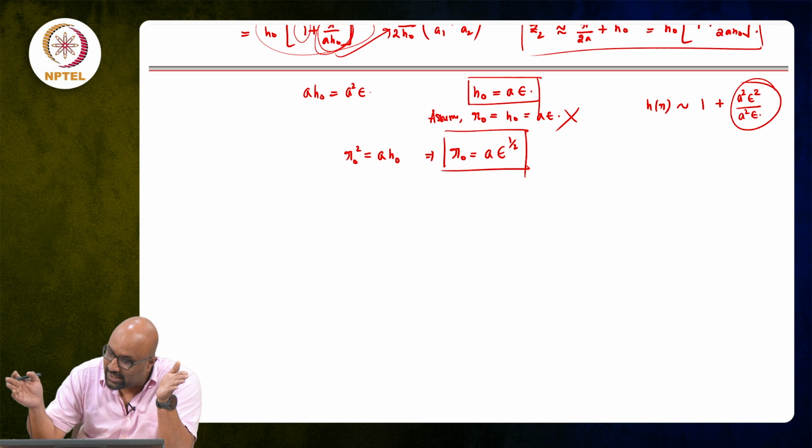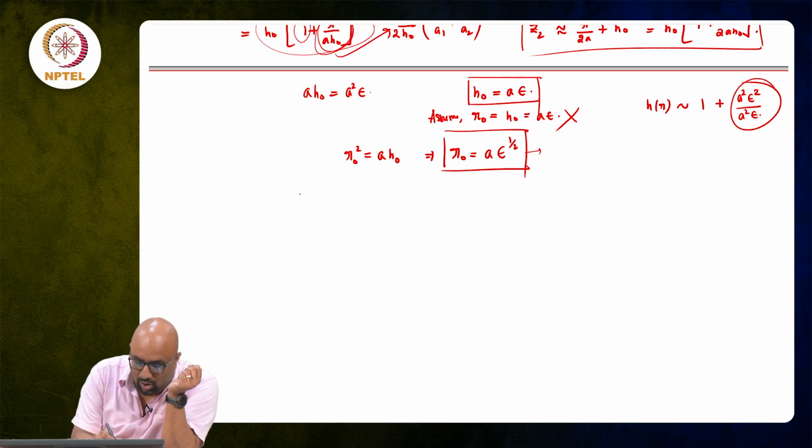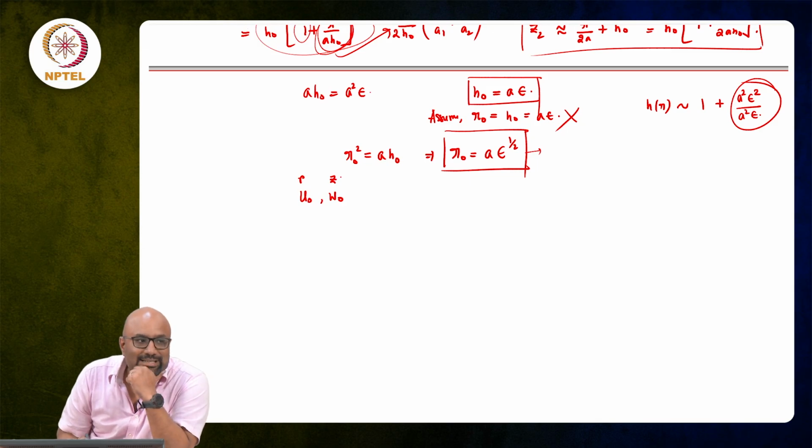In the radial direction, it should turn out to be square root epsilon. Now, the question is, what should be the velocity scale in the radial and axial or normal direction?